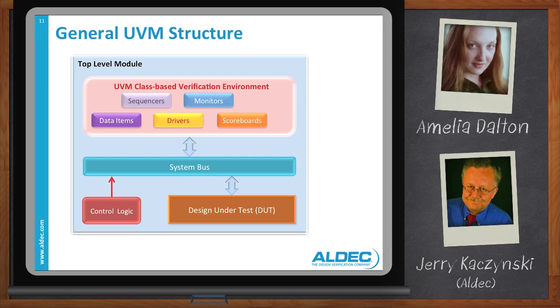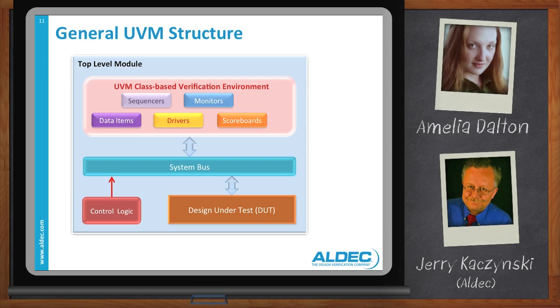We may need some scoreboards that will be analyzing those results as noted by monitors. And of course, there are many additional verification components that we can find, but those that are currently seen in our diagram should be enough to give you a pretty good idea what to expect.